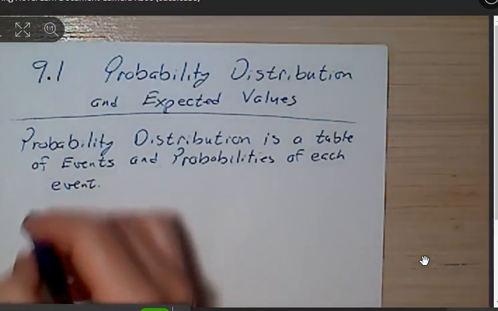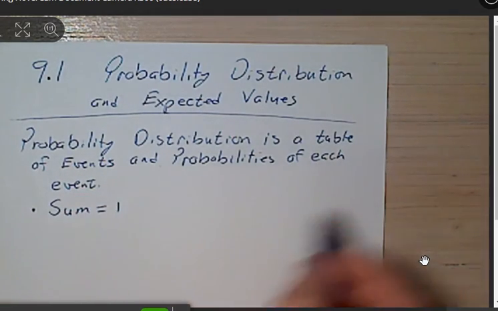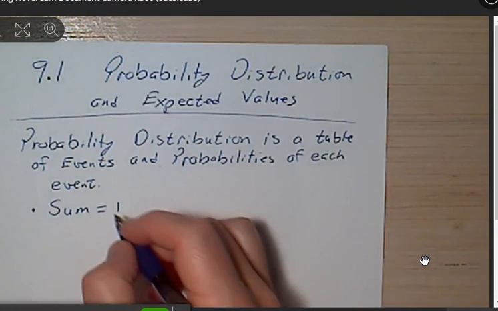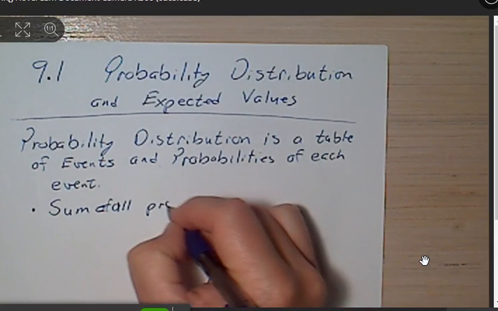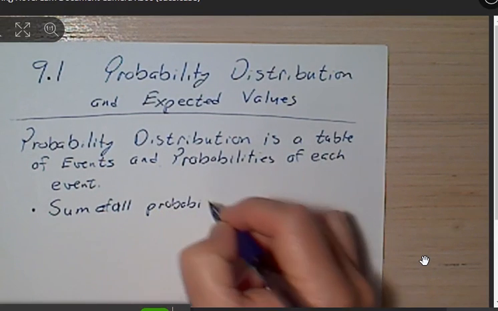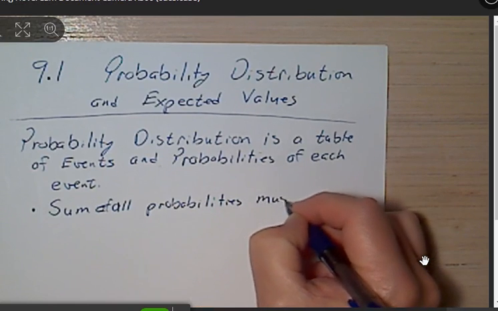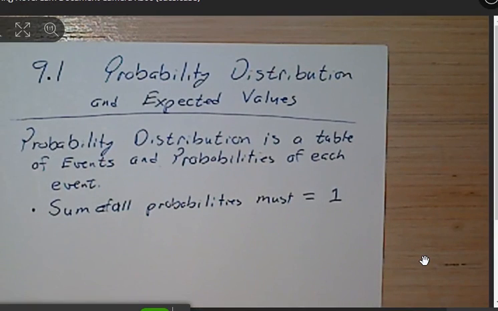When you're going through these, when they give you all the events for this one and all the probabilities, the sum of all the probabilities has got to equal 1. So they're giving you this distribution and saying, here's all the possibilities of what's happening.